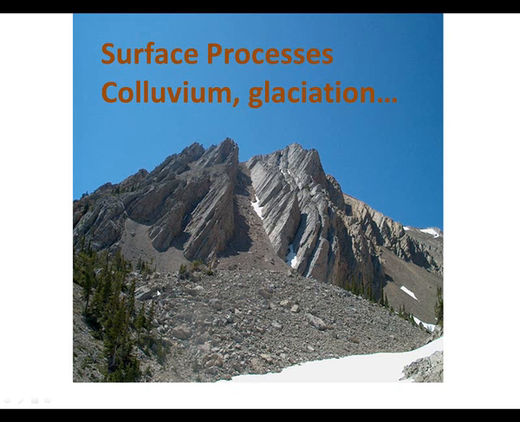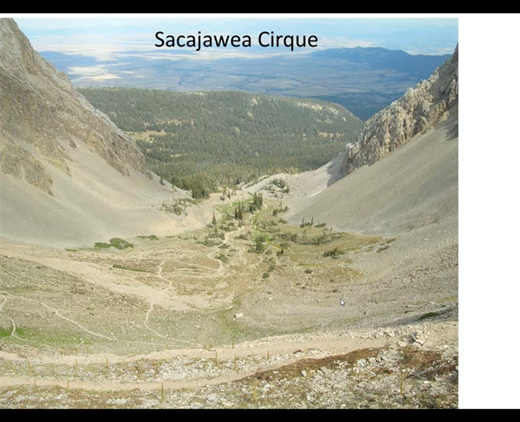And then we have a more rounded feature here, a glacial moraine. Looking down into that same cirque, we see that rounded glacial moraine, which has a pair on the other side. And in both cases, these glacial moraines are being overwhelmed and covered by modern talus from the steep valley slopes.